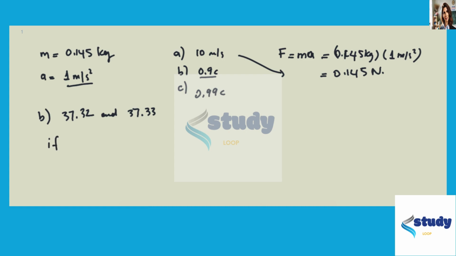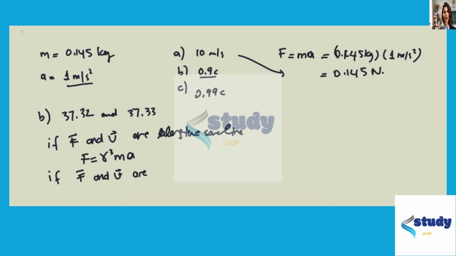So if F and v vector are along the same line, then we have F equals the cube of the gamma factor times m times a. If F and v are perpendicular, then we actually have gamma factor times m times a. So in part B, since it's given that they're in the same line, this is the equation we're going to use for both parts B and C.